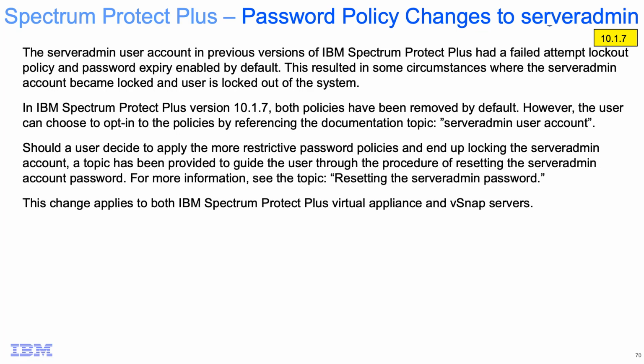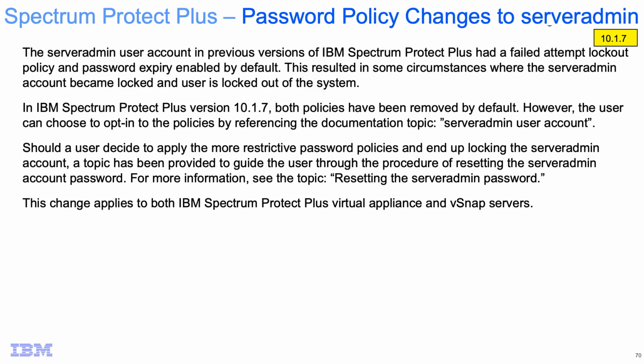Continuing with the server admin user account that's used on both vSnap servers and the Spectrum Protect Plus server. In previous versions of the product, we had a failed attempt lockout policy and password expiration policy enabled by default. This was to promote security in the Spectrum Protect Plus server, but in some circumstances it resulted in situations where the server admin account became locked and the user was locked out of the system.